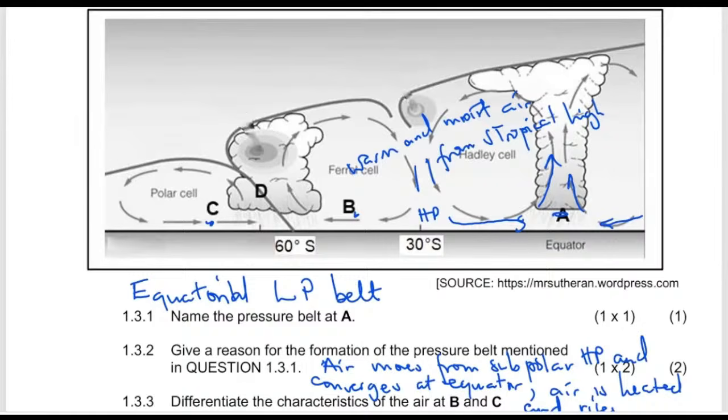This belt is a belt of high pressure, but it's a region which brings warm and moist air to the polar front here.